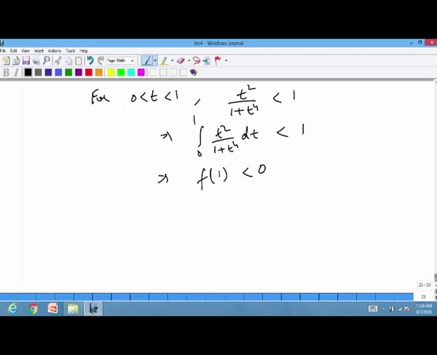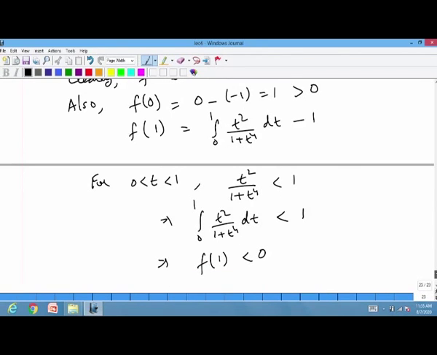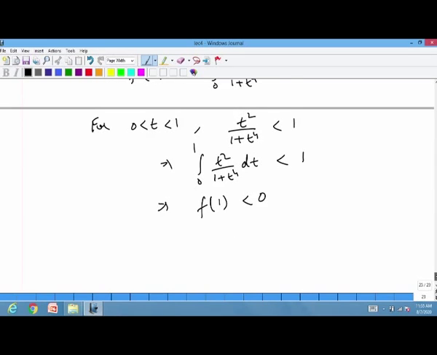So, we have f is a continuous function, f at 0 is positive and f at 1 is negative.